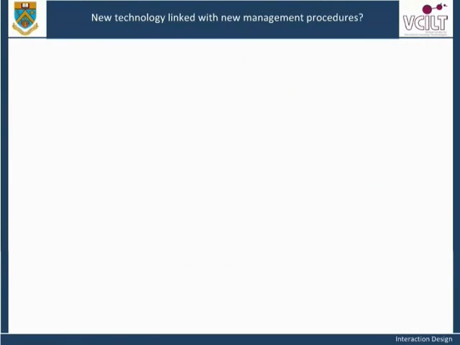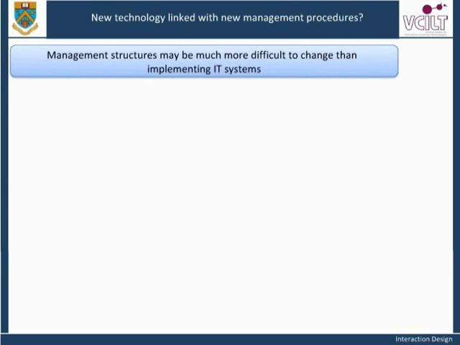This effect may be crucial to the productivity paradox. There are productivity gains in implementing IT systems, but those gains may be obscured by old and outdated management practices and structures. Management structures may be much more difficult to change than implementing IT systems.